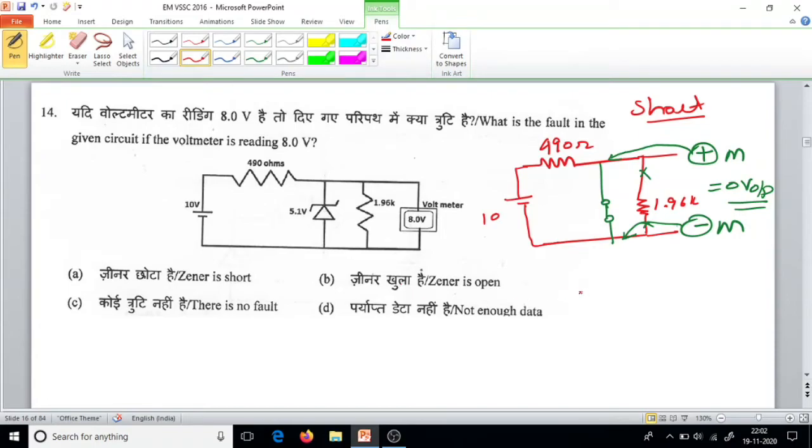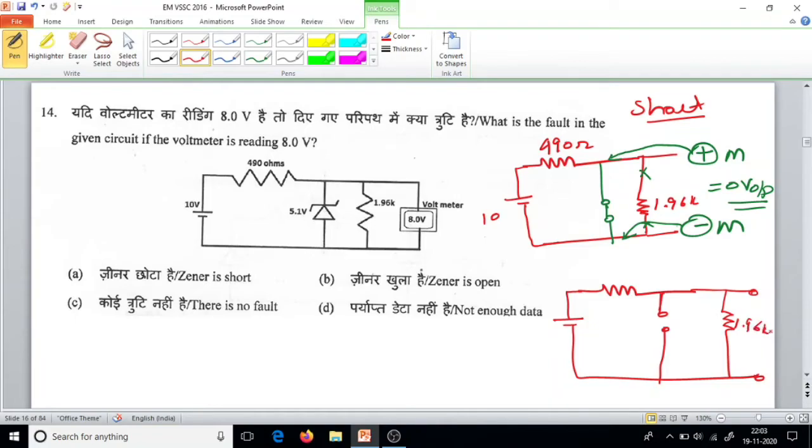If the sensor is open, what happens? If the sensor is open, we have a 10 volt source here. The sensor is open here, and we have 1.96 K, and here we have 490 ohms.